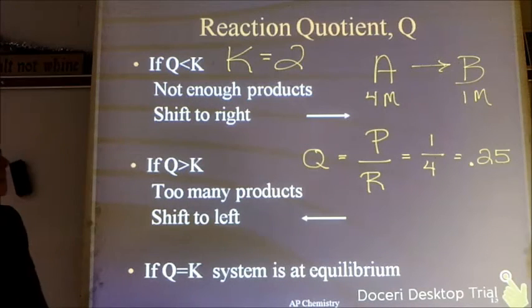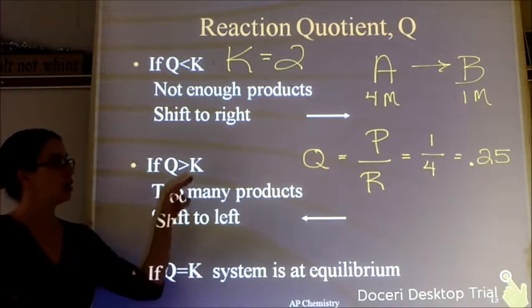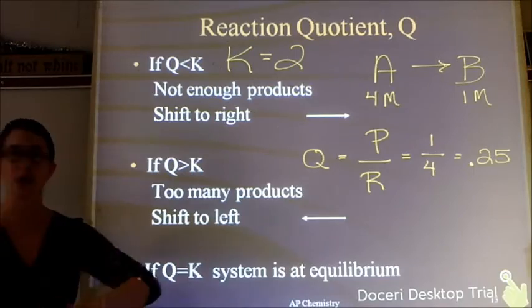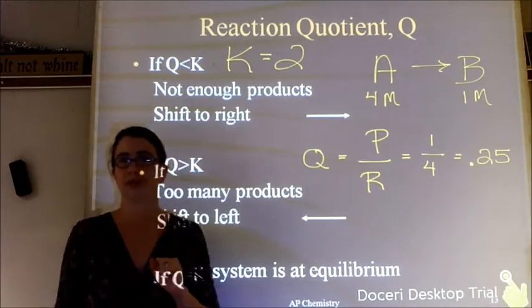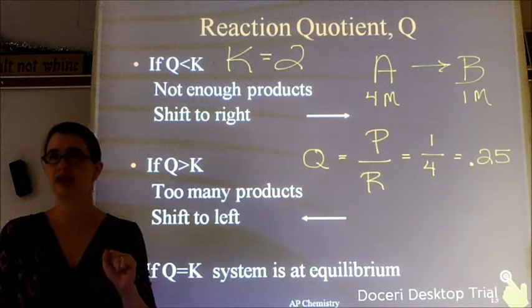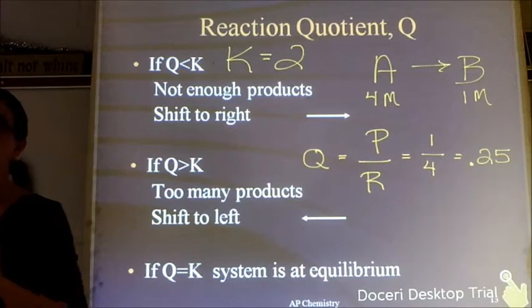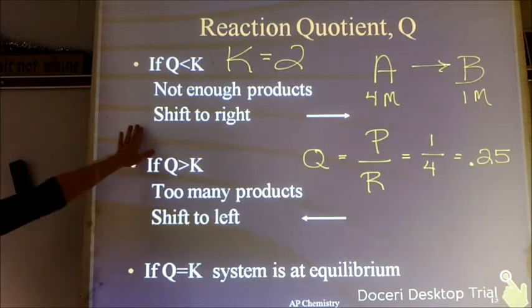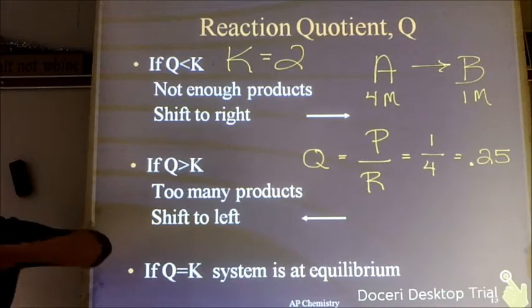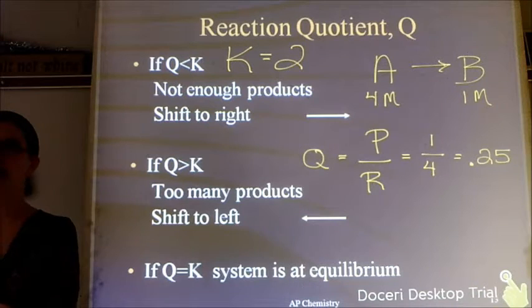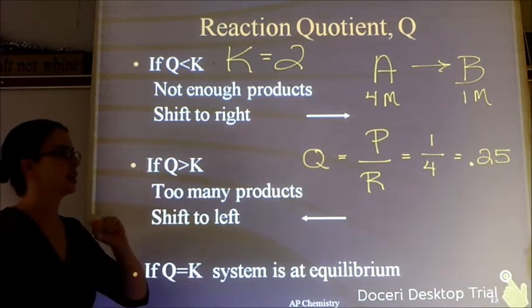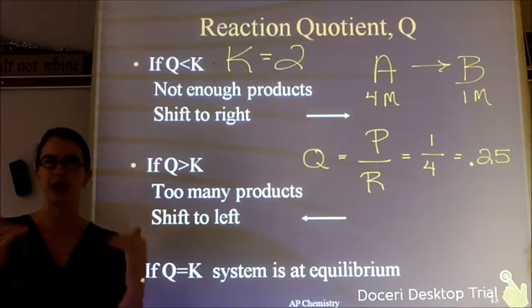Right? Let's compare Q to K. Do we all agree that 2.5 is less than 2? Nod your head. Yes, very good. All right. This says shift to the right. Please don't memorize that. I want you to understand this. Q is less than K. Here's how I want you to think of it.